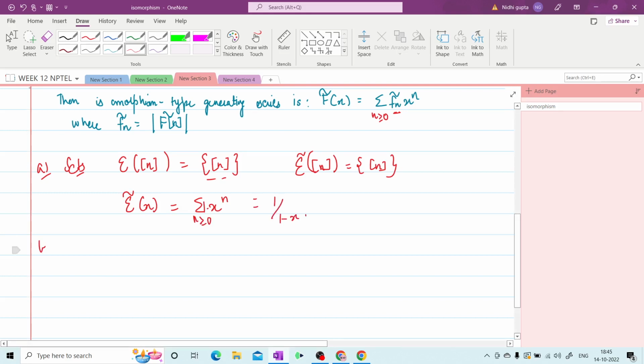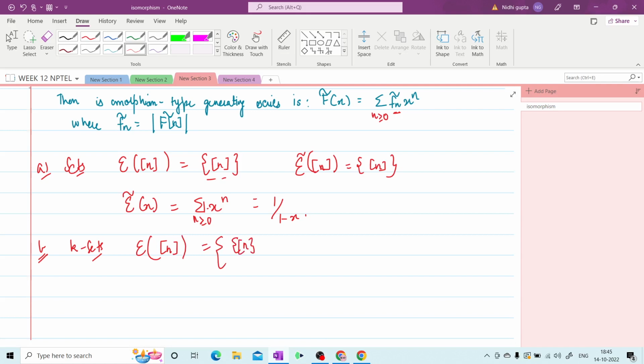Now second, B is the species of k-sets. So here also En was a singleton in case of n equal to k and empty otherwise. So we see it has either one element or zero elements. So here also the equivalence relation is trivial.